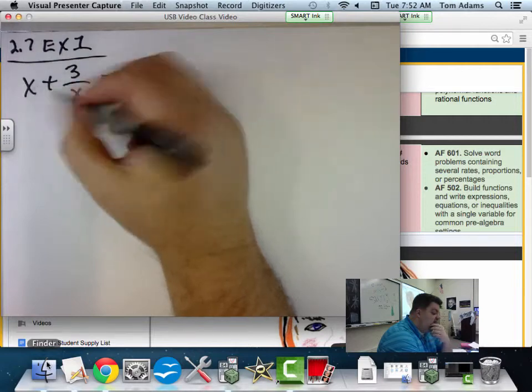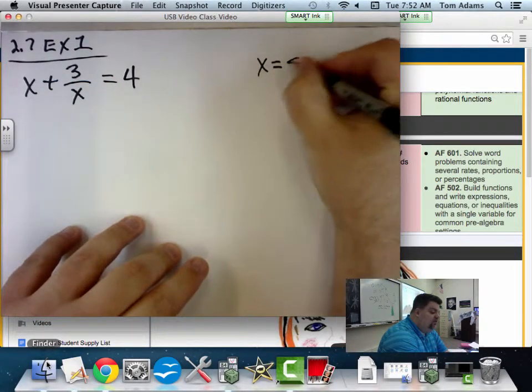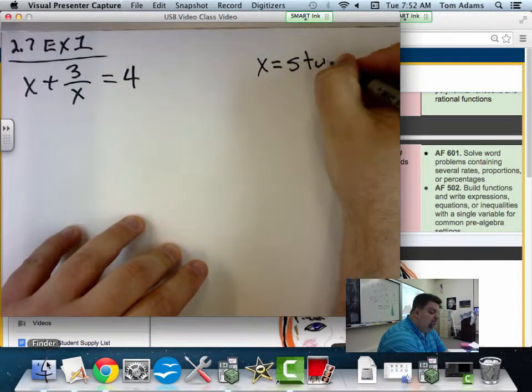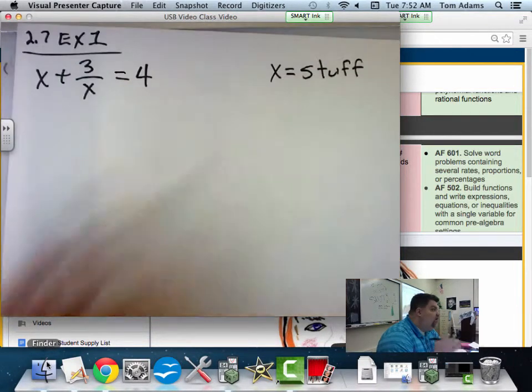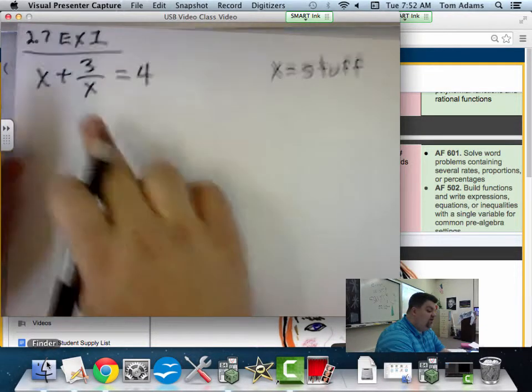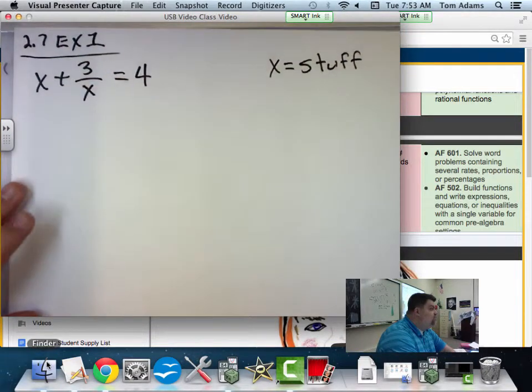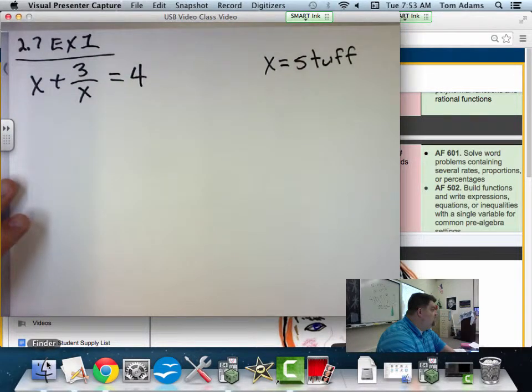Our goal is to get x by itself and all the other stuff on the other side. That means my ultimate goal is to get one x on one side of the equal sign and all the other stuff on the other. Right now I have 2 x's. So if I want any hope of combining those x's, I need to find a common denominator.